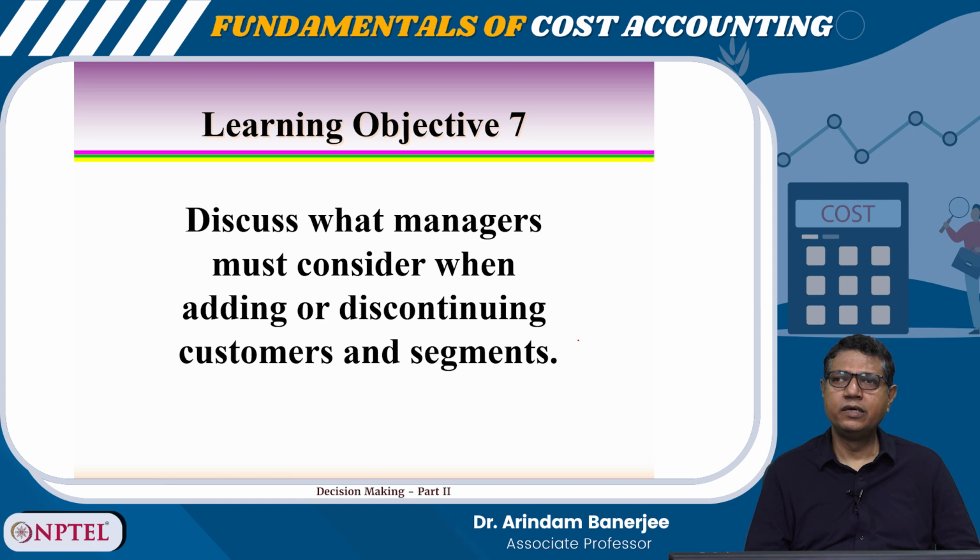So we are going to the next case, where managers, usually strategically, decide which customers to give more preference, which segment of the market we should give more preference, and which customers we should give less preference, right?